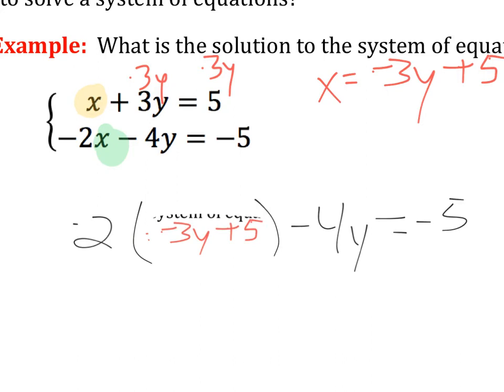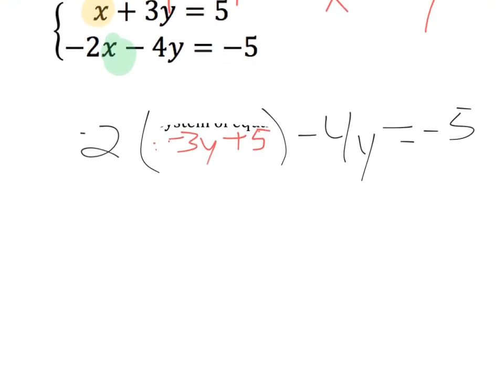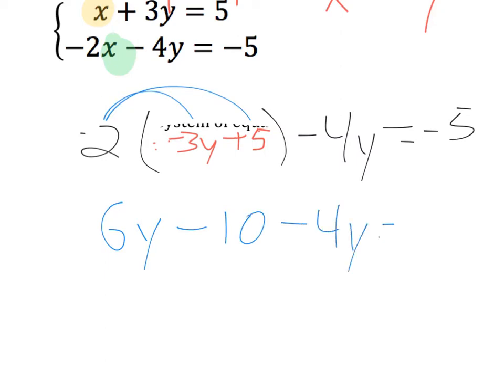Now this is just a 2 or 3 step equation that we can solve relatively quickly. Let's distribute our negative 2 into the parentheses here. So it'd be a positive 6y minus 10. Then we have the minus 4y equals negative 5. I'm seeing some like terms here with the 6y and negative 4y.